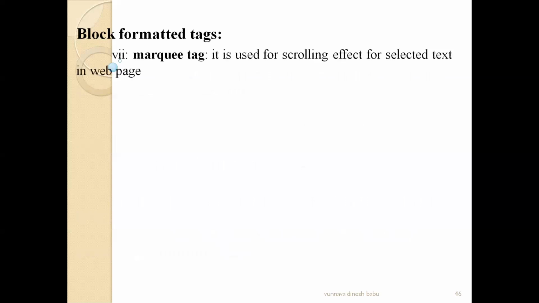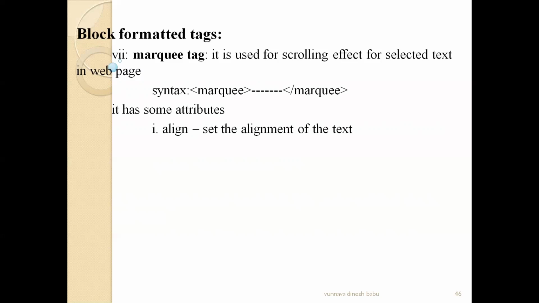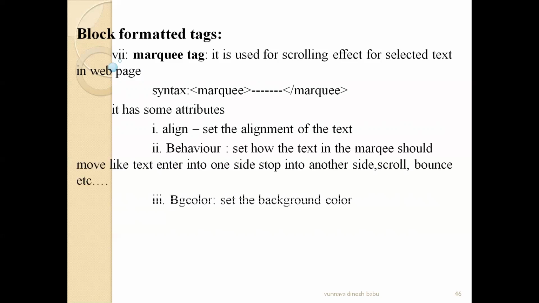Next one, marquee tag. It was already discussed in the first session. If we want to apply a scrolling effect for a selected text in the web page, we can use this marquee tag. The syntax of marquee, we already discussed. It has some attributes.